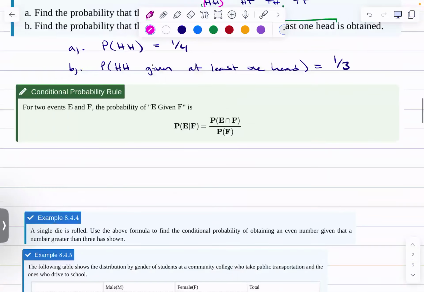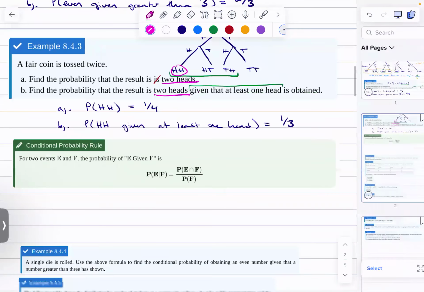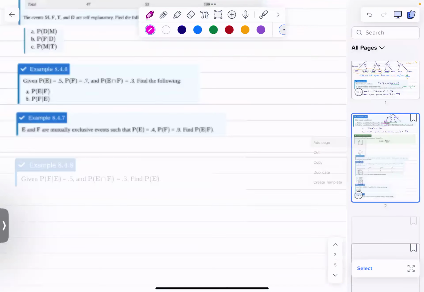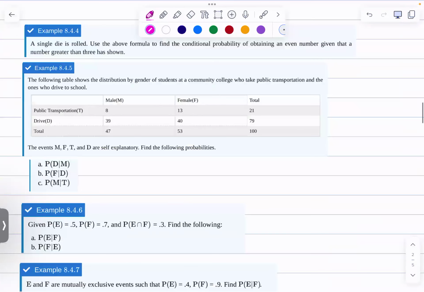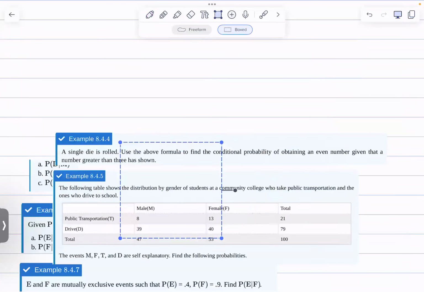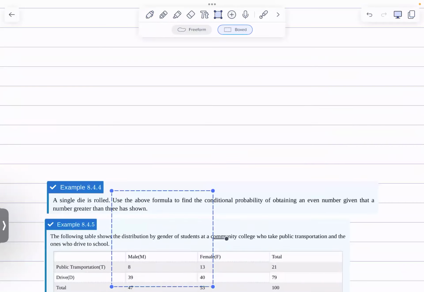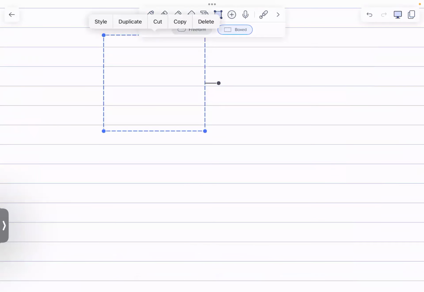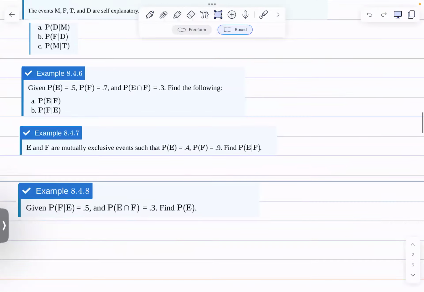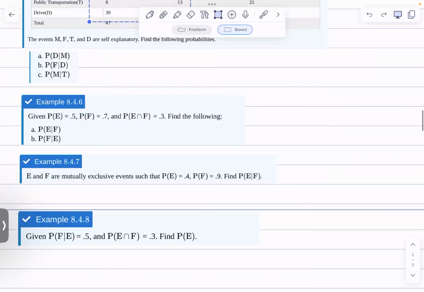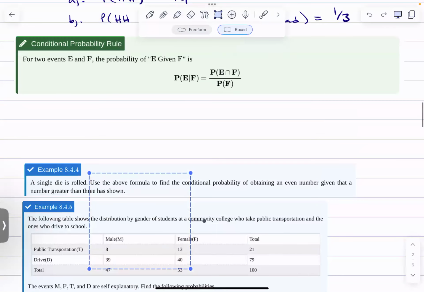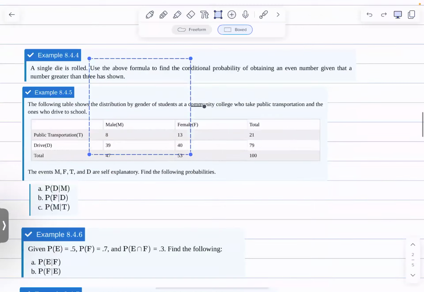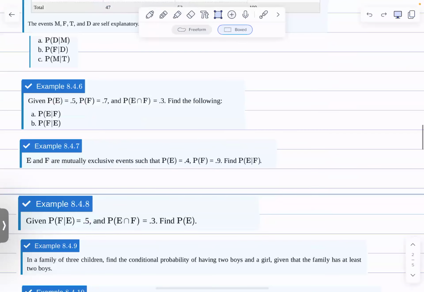Let me maybe bump these down, because I can tell I'll need more space anyways. Hey, what the heck. Okay, maybe not. Doesn't want to do it.